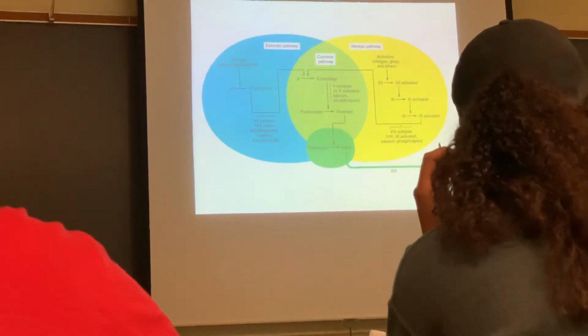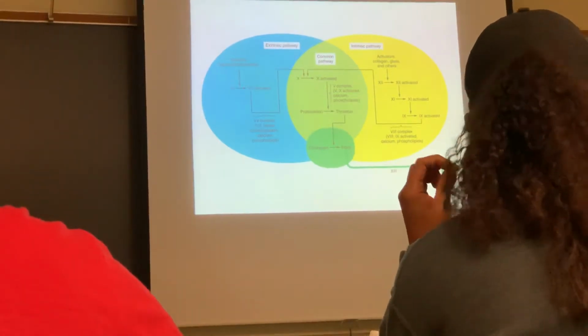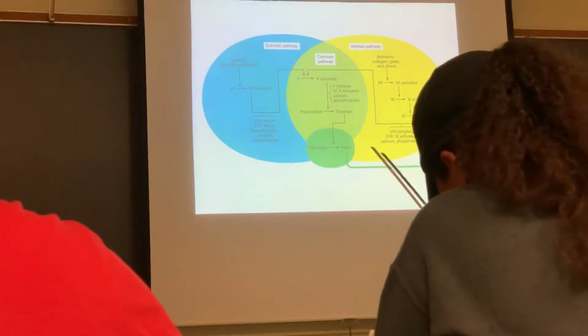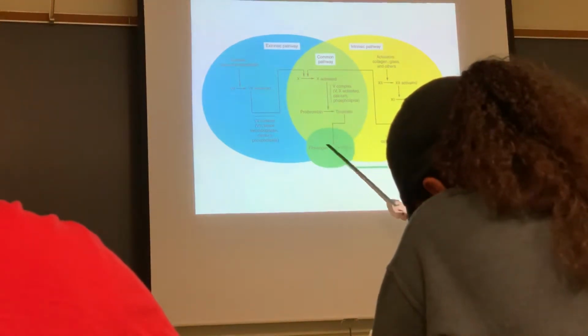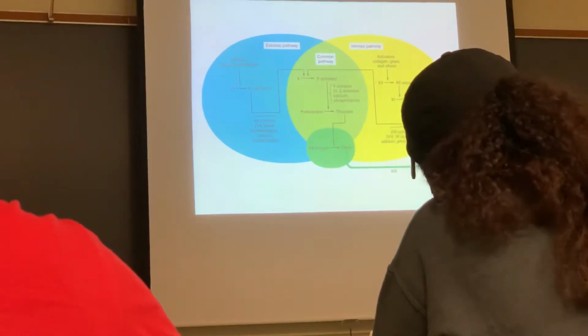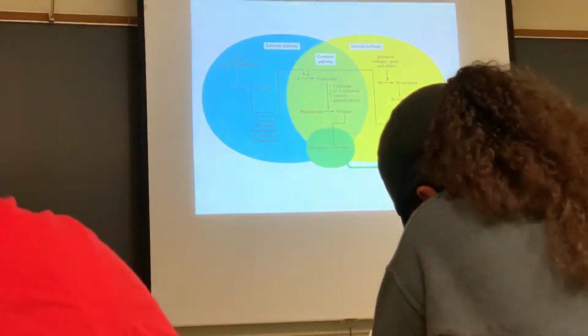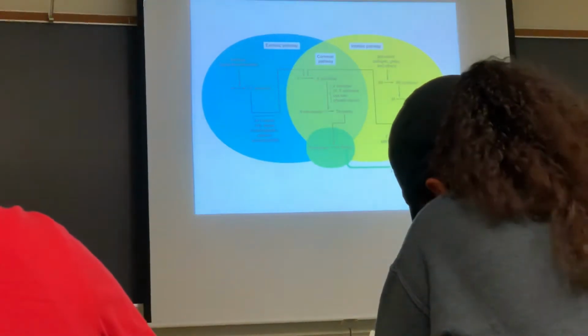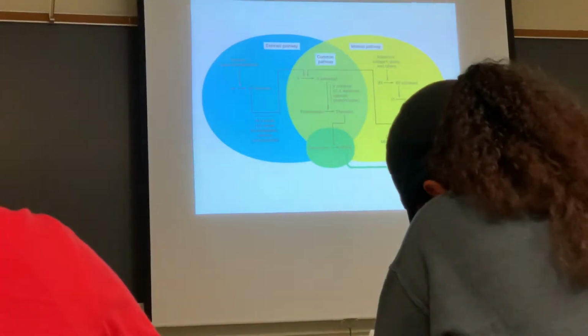And now we have our polymer, which can complete our clots. So factor 10 is activated. That activates prothrombin to thrombin, which activates fibrinogen to fibrin, and we get our polymer, which is just a group of proteins all together in this clot complex.